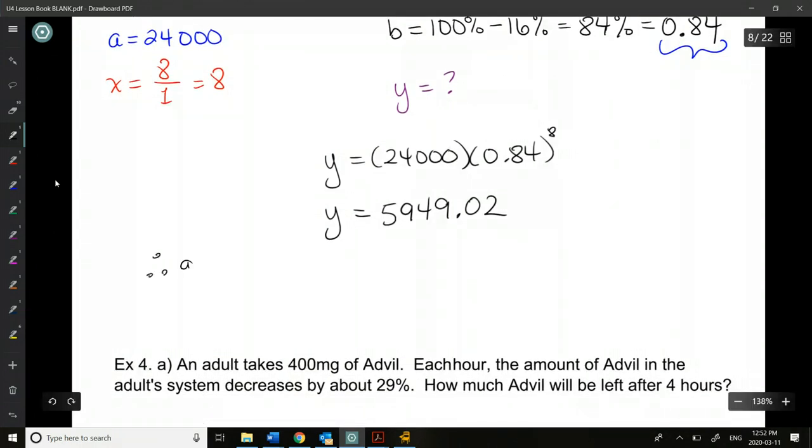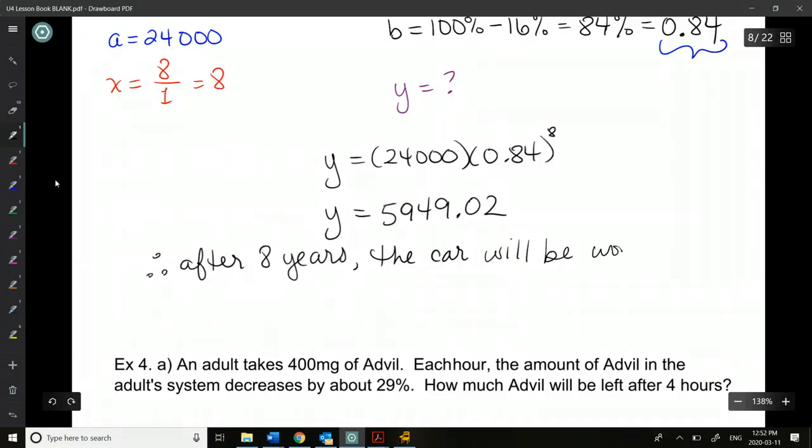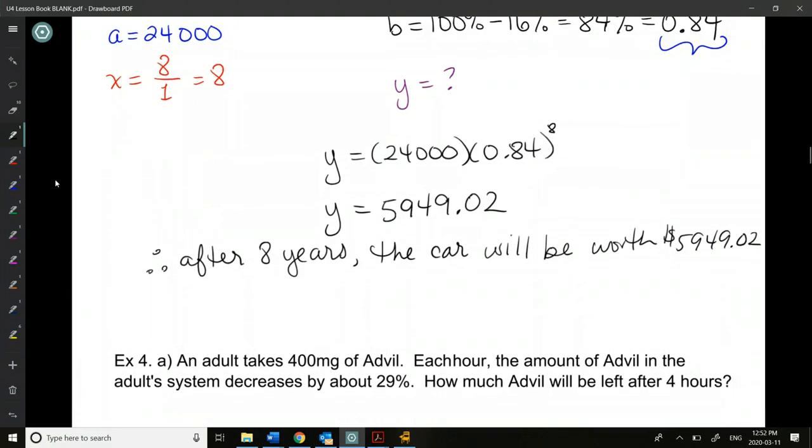So therefore, after 8 years, the car will be worth $5,949.02. Okay, any questions on this one?